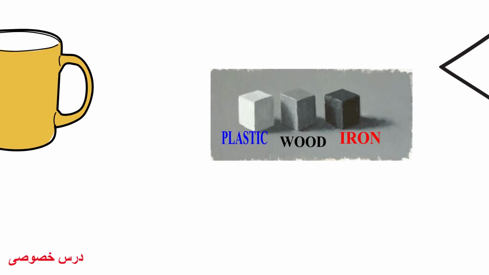Sure, the iron is heavier than the wood. So iron is different from the wood, but only in the mass, in this case.